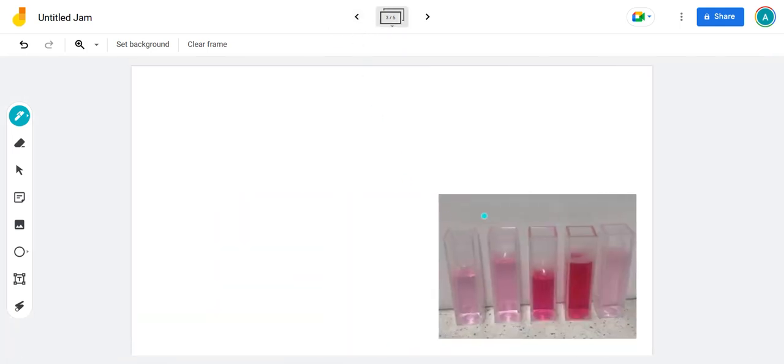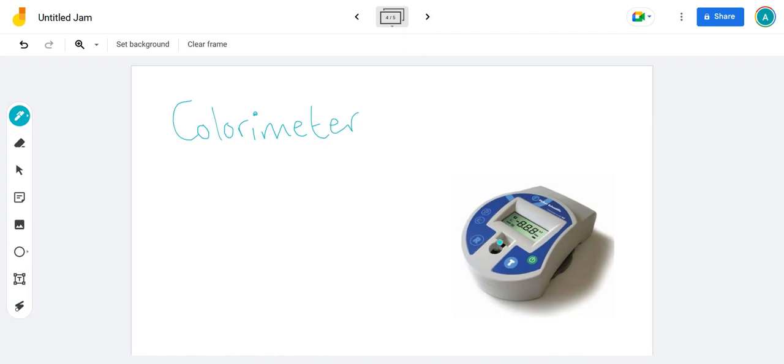Your sample is in one of these tubes, which are called cuvettes. You have to fill it up to the line, and you drop it into there. Then the machine shines light through your sample.